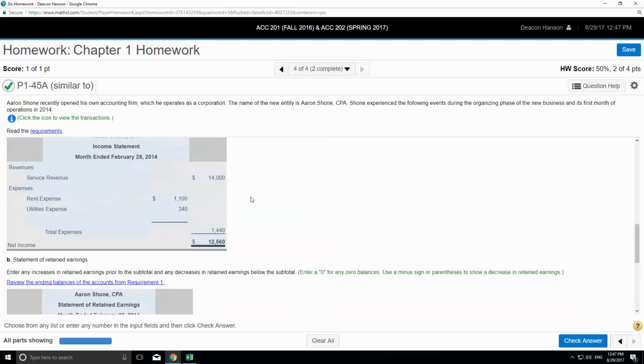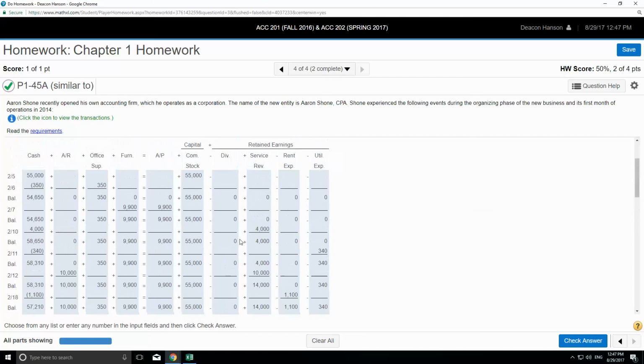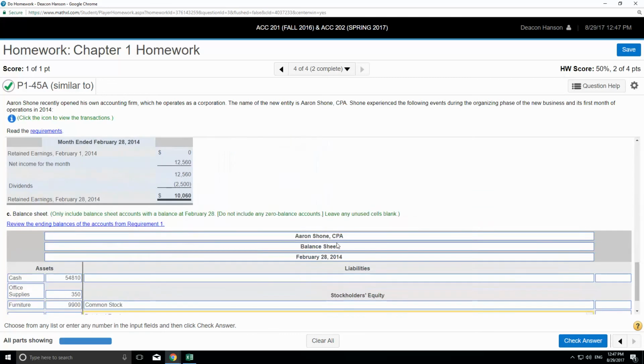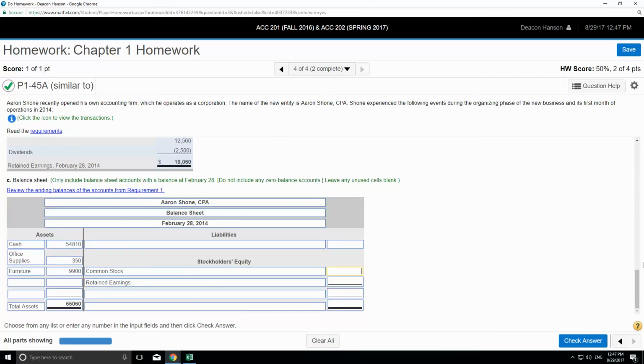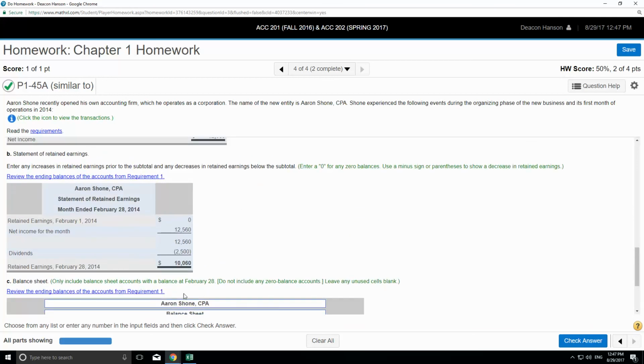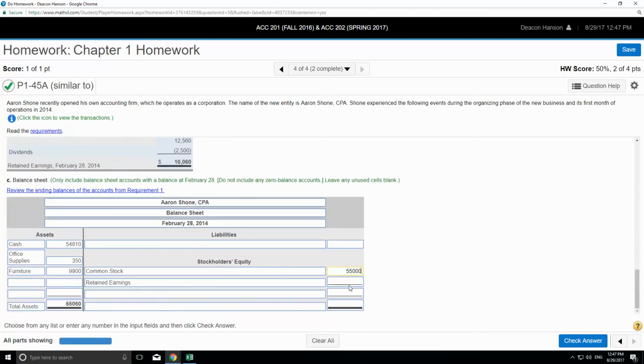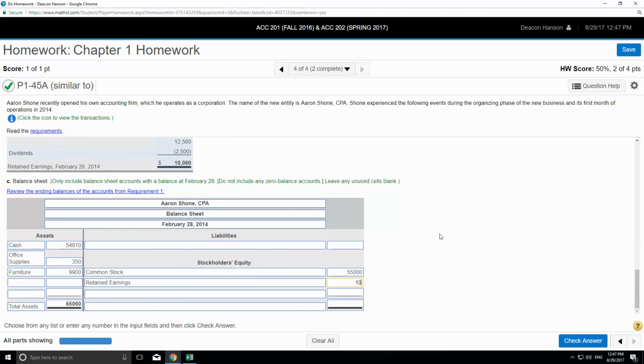And it says common stock is 55,000. And this is where you've got to be careful. You want to make sure you pull your retained earnings from the retained earnings statement. So 10,060. And if you add these two, 65,060, it balances.